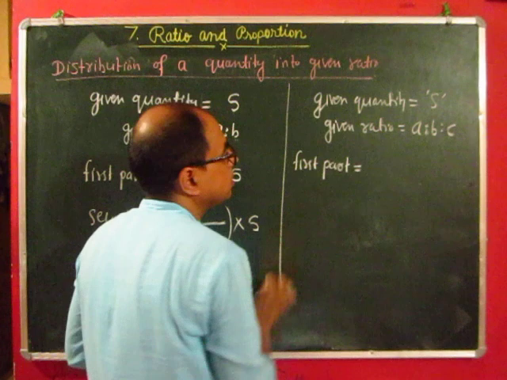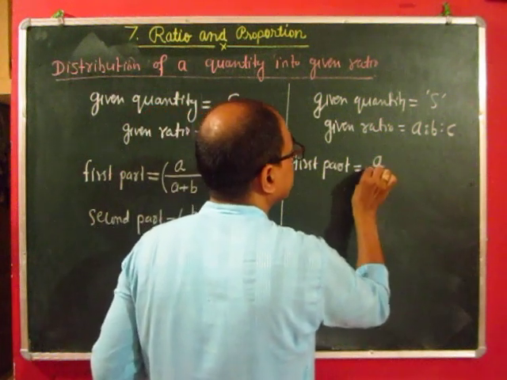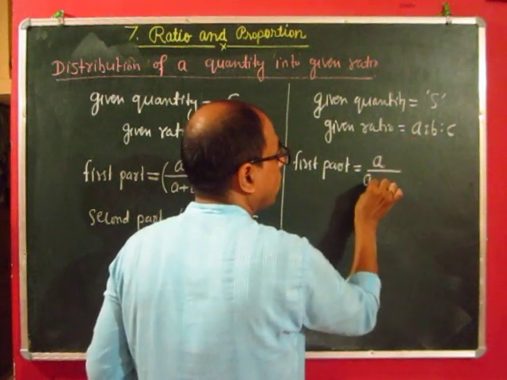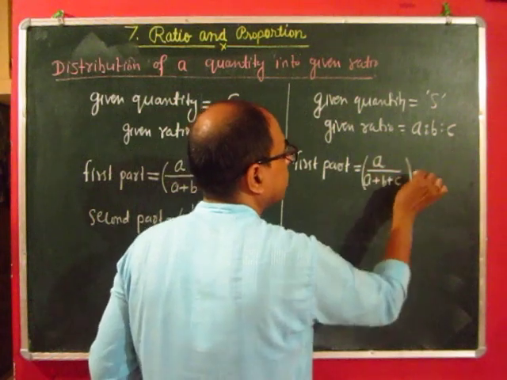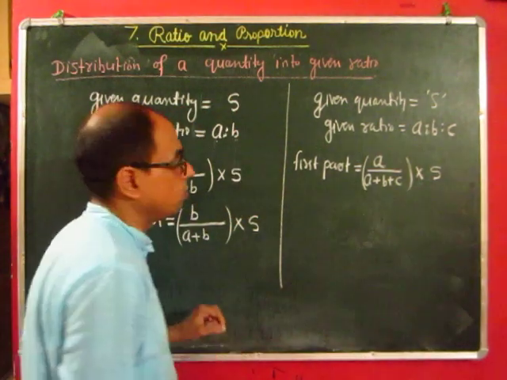The first part is equal to the term corresponding to the first part, A, in the numerator. In the denominator write the sum of all the terms of the given ratio, A plus B plus C, and the whole is multiplied by the quantity that we have to distribute.